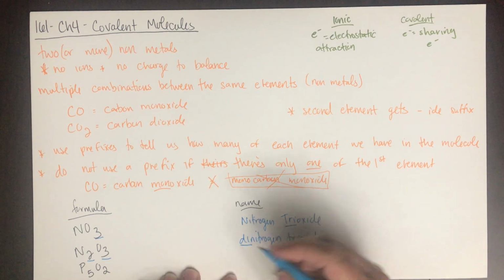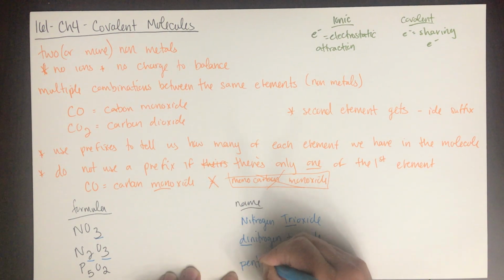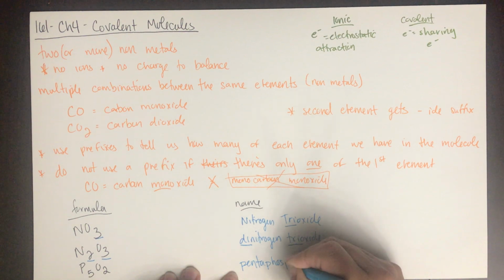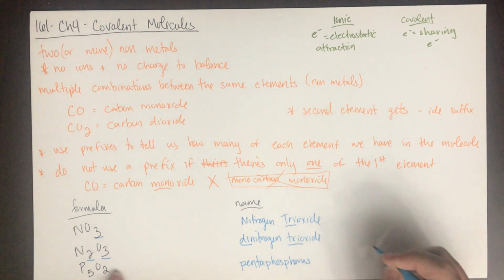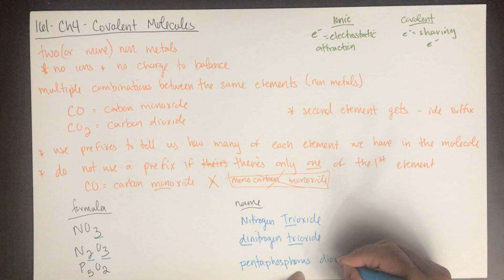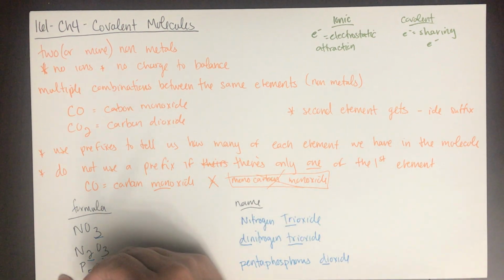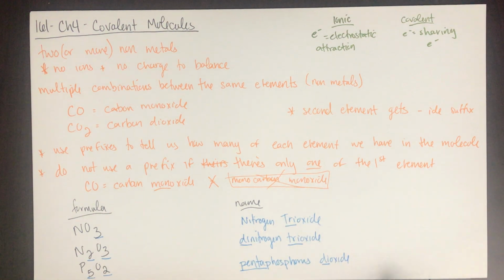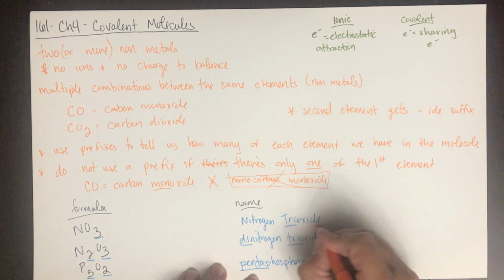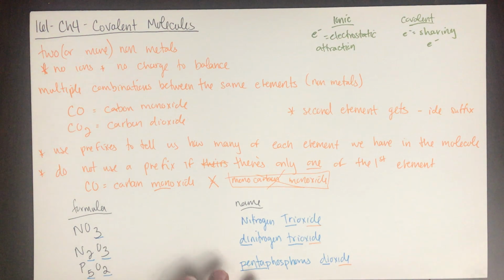P5O2 is pentaphosphorus dioxide. 2 is di, 5 is penta, and then the second element gets the "ide" suffix.